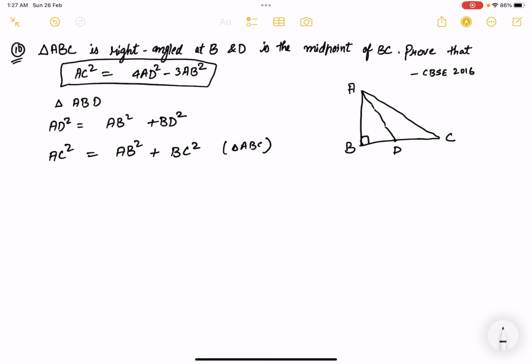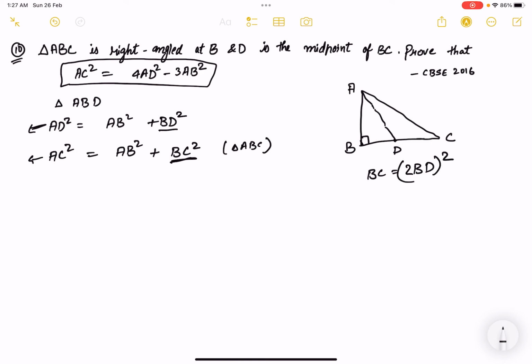Now again, we have these two equations, equation 1 and equation 2. In our final expression, we don't have BD or BC. So let's eliminate them. BC we can write as 2BD whole square.